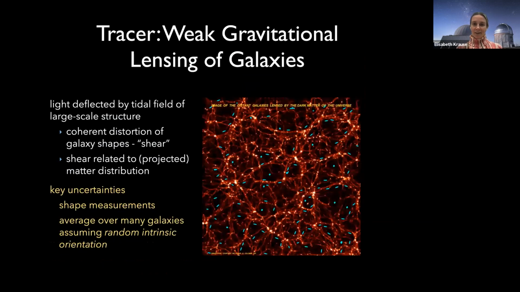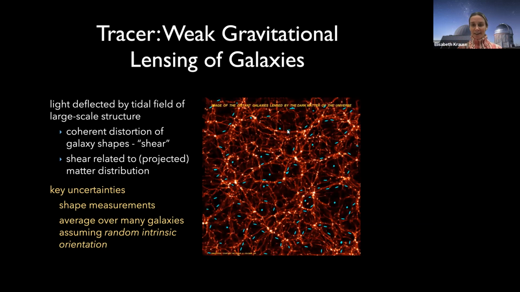The next tracer that I still want to introduce is weak gravitational lensing, where we're looking at the coherent distortion of galaxy shapes by the tidal field of large-scale structure, so that, in a highly exaggerated way, the background galaxies will align tangentially with filaments of intervening dark matter along the line of sight. Of course, in reality, this effect is much weaker than shown in the cartoon here.